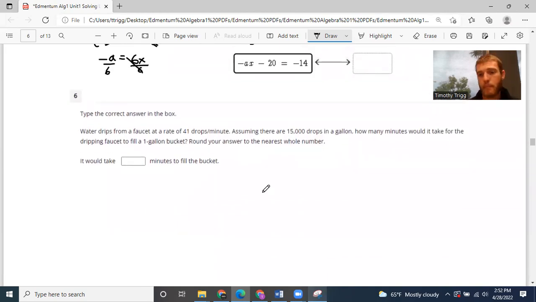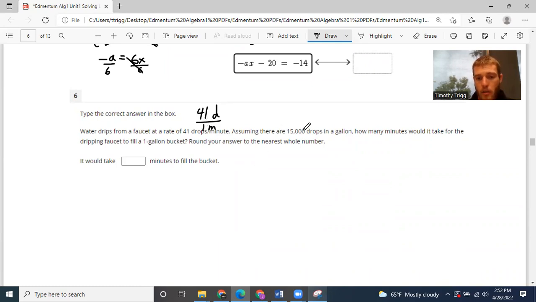All right, here's the conversion one. This one's kind of dreaded. Okay, water drips from a faucet at a rate of 41 drops per minute. So that's 41. We'll put D for drops in 1 minute.